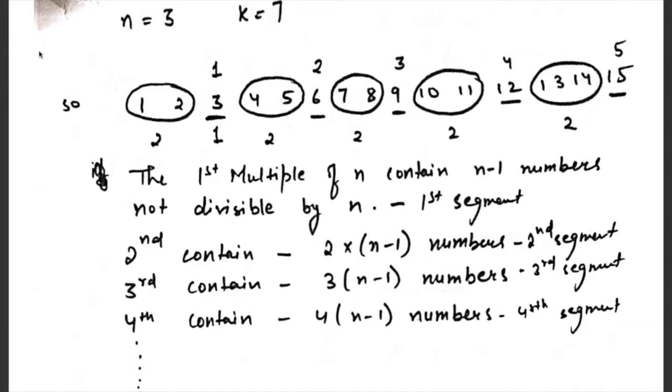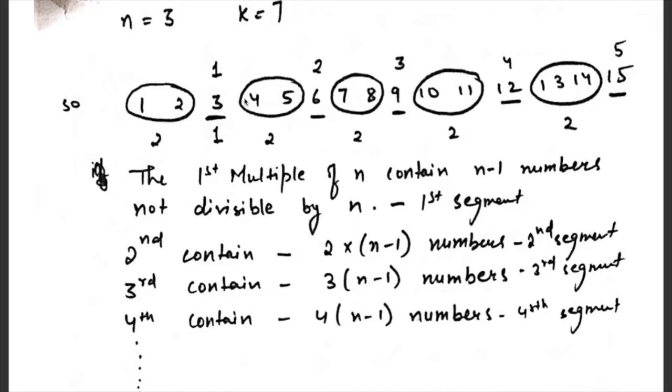Before approaching the main solution, let's observe one common sequence that happens all the time. Suppose n equals 3, then the numbers which are not divisible by it and come before it are always n minus 1, that is 1 and 2, two terms will always come before 3.